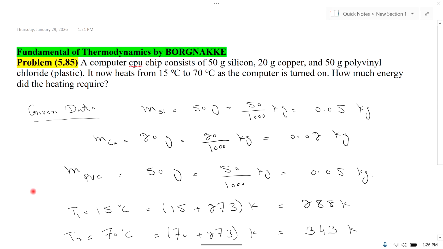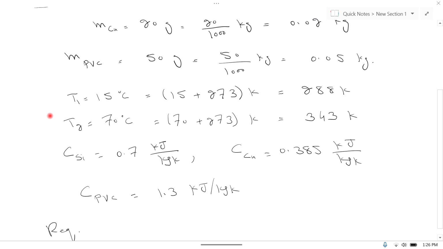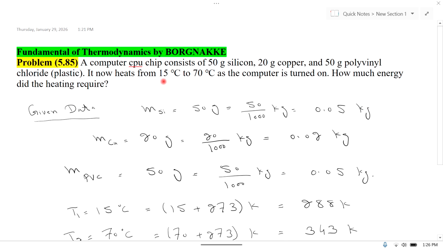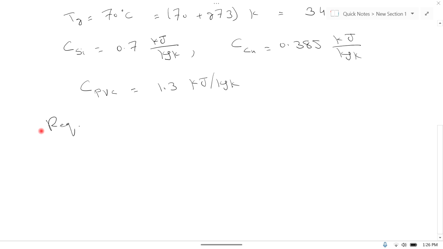Now required is to find the heat. How much energy did the heating require when temperature increases from 15 degrees centigrade to 70 degrees centigrade?